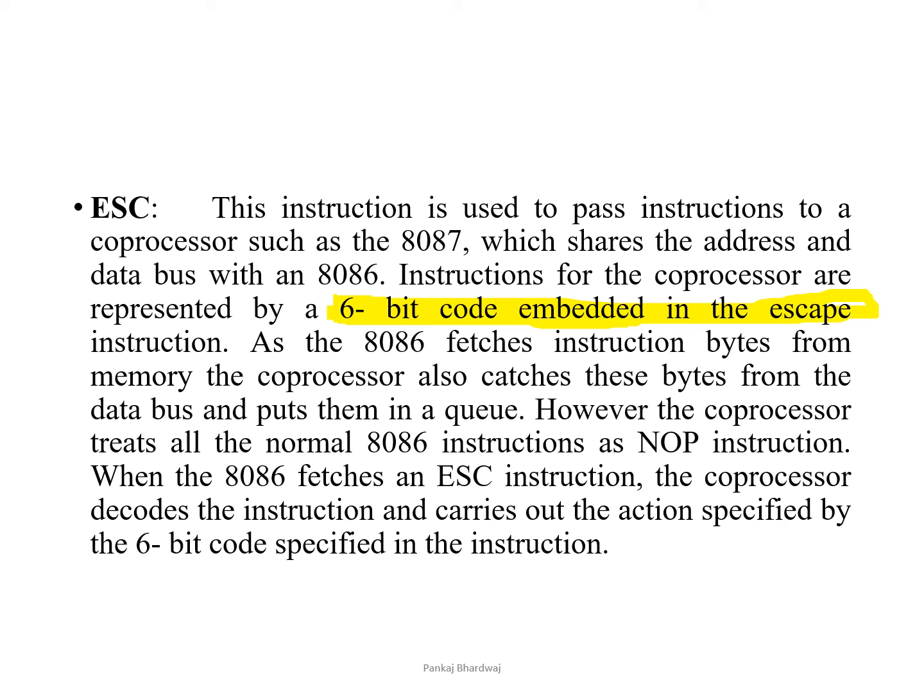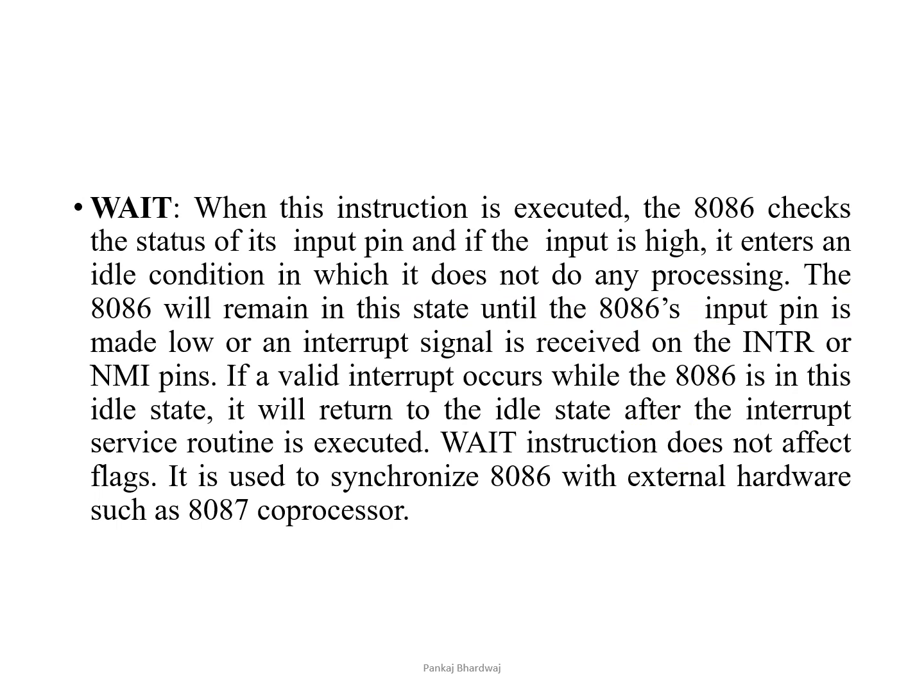The coprocessor treats all normal 8086 instructions as no operation, because 8086 and 8087 are different processors. So when the 8087 coprocessor is associated with the 8086 microprocessor, the 8086 instructions will be considered as no operation by the 8087.